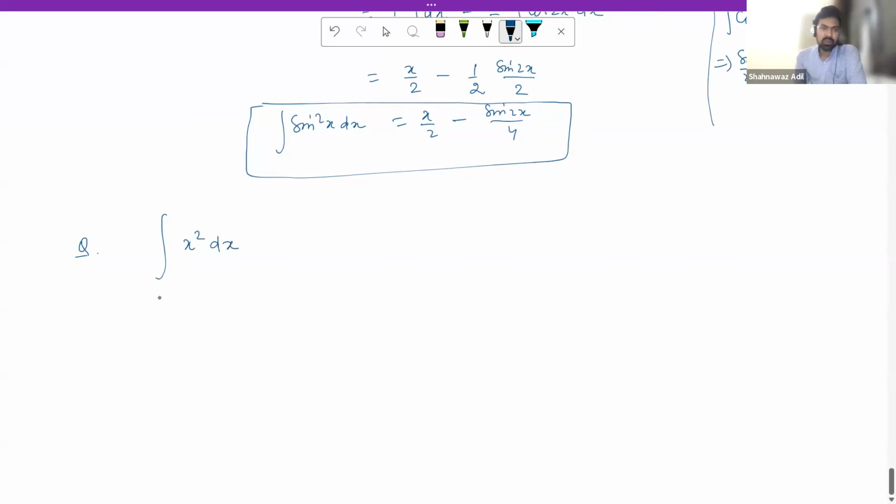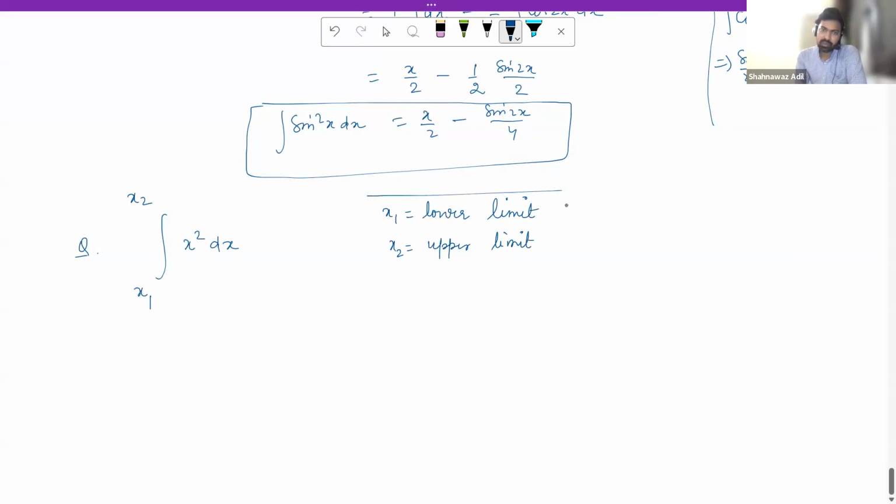Now I want to integrate this in some limits. So x1 is the lower limit, from where I want to integrate, and x2 is the upper limit, up to which point I want to integrate.